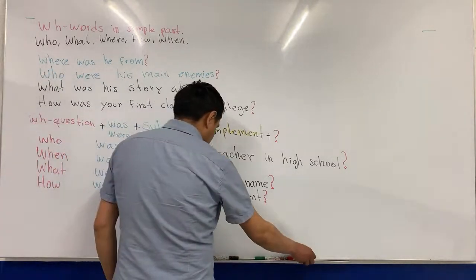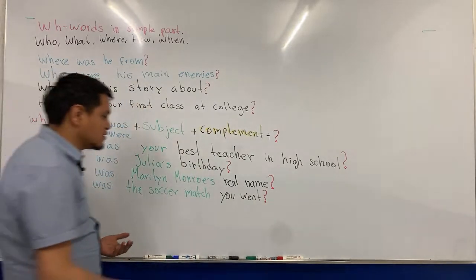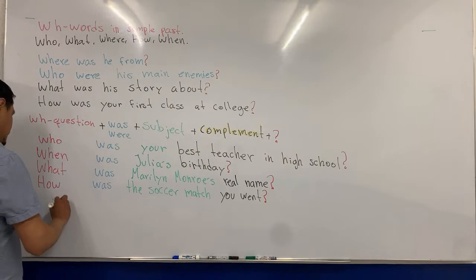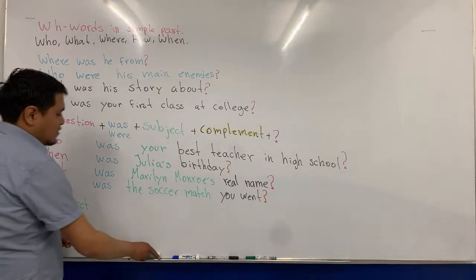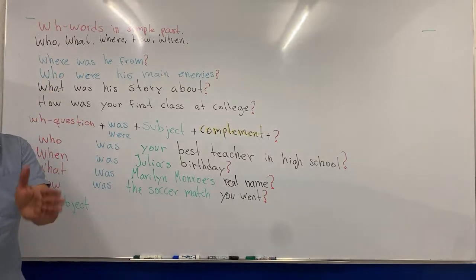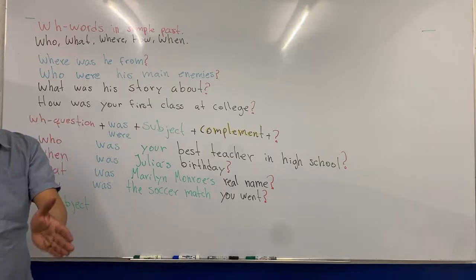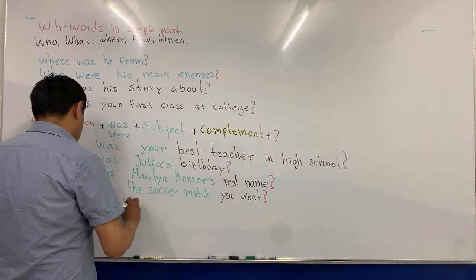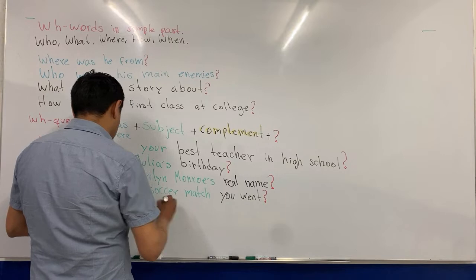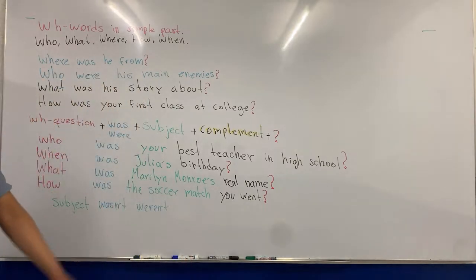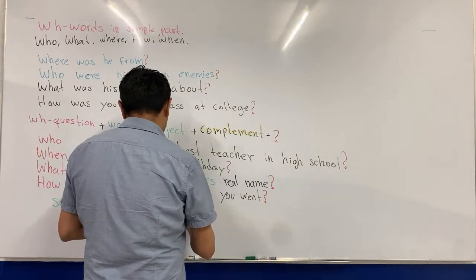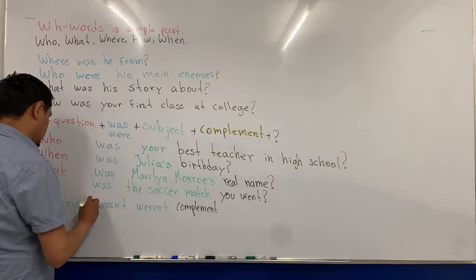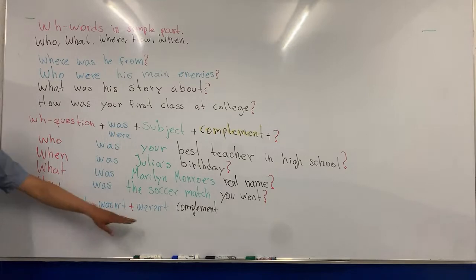Now, after the question, we answer using the following pattern, right? After the question, the pattern is subject, wasn't, weren't, complement.